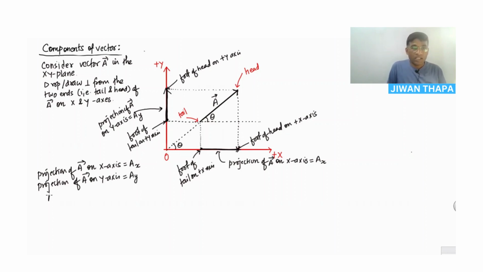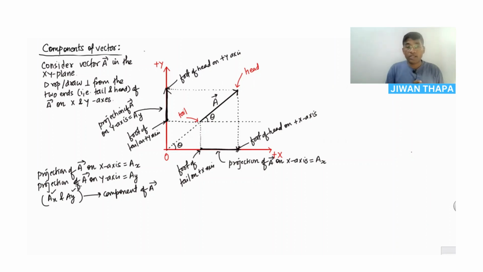And what are AX and AY? These are called the components of vector A along the x and y axis.